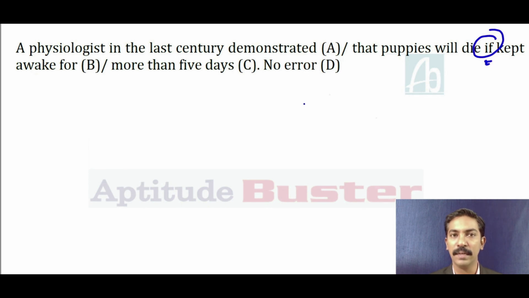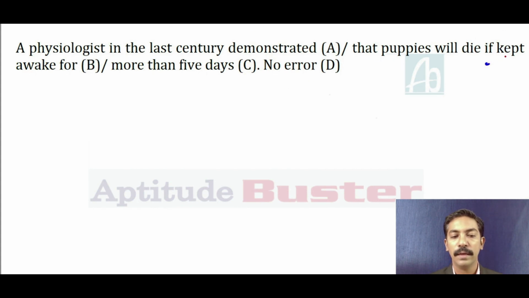The word "if" is there. All you need to remember is you need to find out which condition it talks about. There are only three conditions. One is probable condition. Second one is improbable condition. Third one is less probable condition. And if you remember the verb pattern of these three conditions, your time consumption for this question reduces drastically.